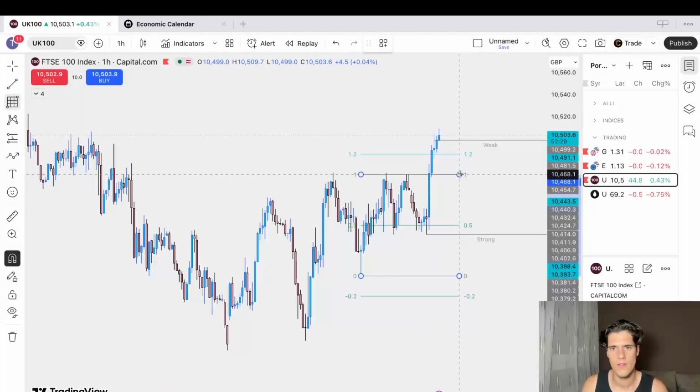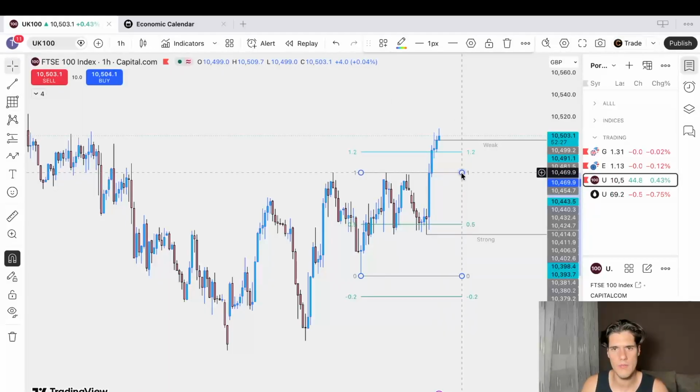So we pull our equilibrium zone. As we can see, it went to the premium zone, then came back to the discounted zone where the liquidity and the buyers took place, and here you can see the price went up. So this is again a very good place to buy.